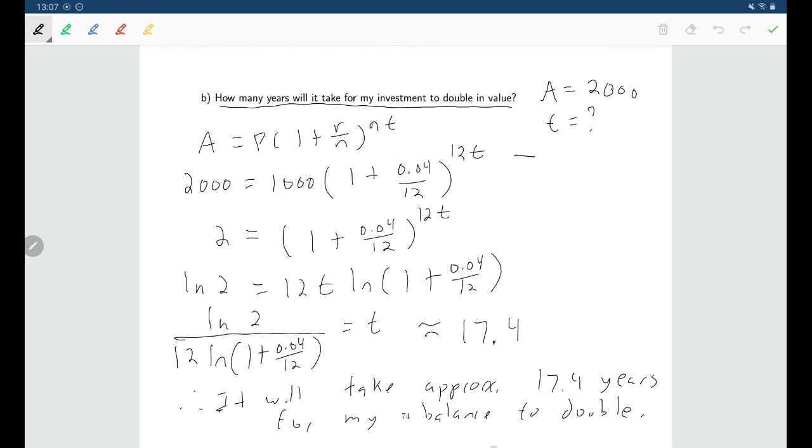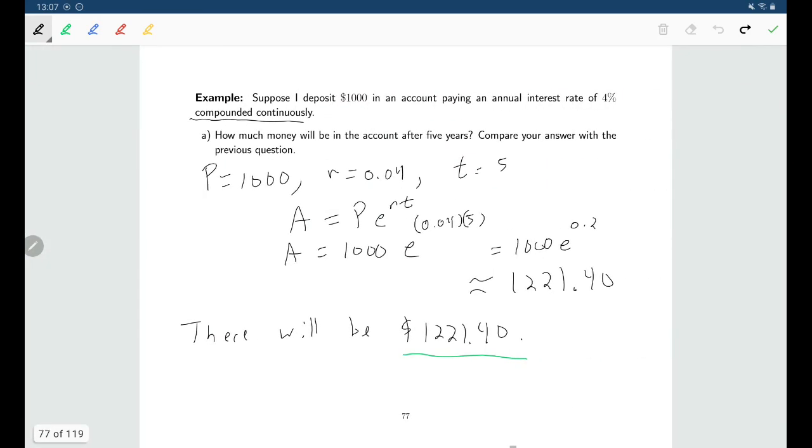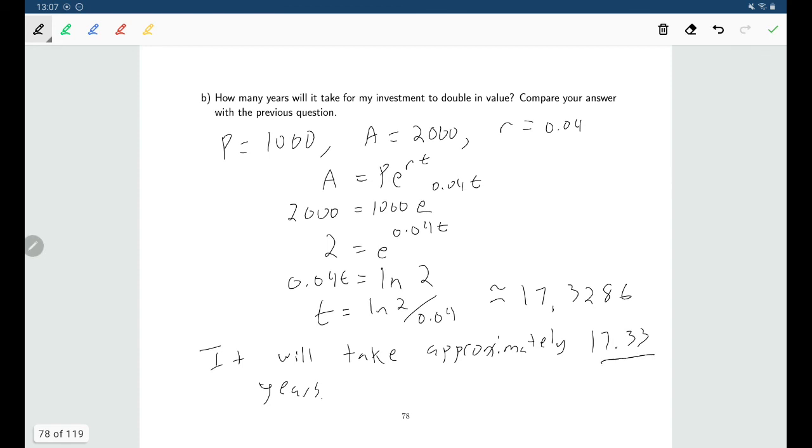It was a much more complicated equation, and we came up with 17.4 years. For continuously compounded interest, 17.33 years. We've shaved a little bit of time off, but not much. However, nicely enough, this is a much easier equation to solve.